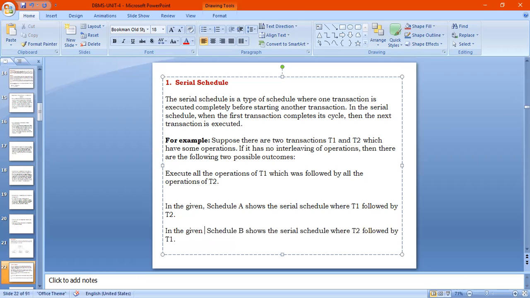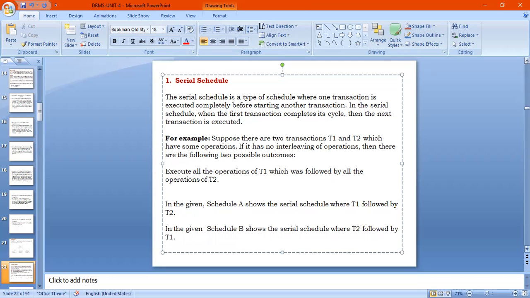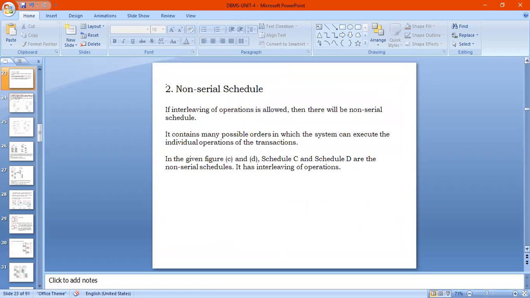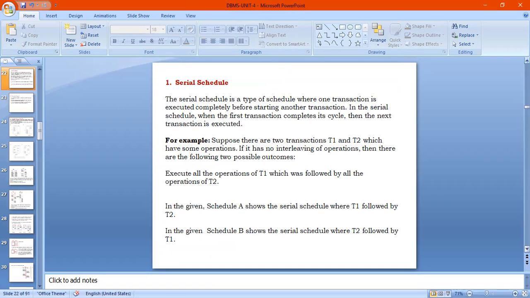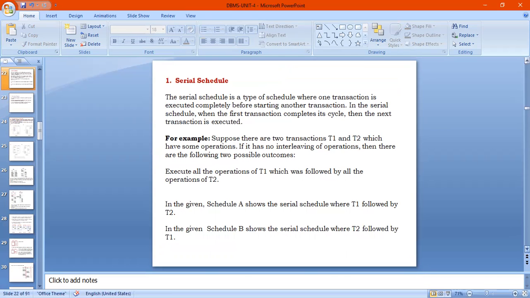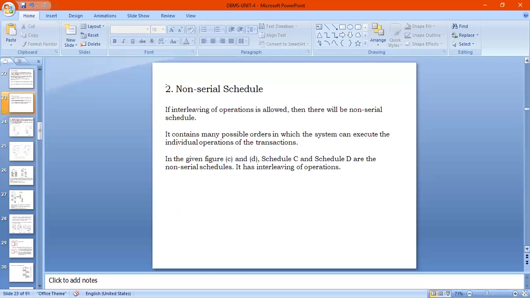Schedule B follows the serial schedule when T2 follows T1. Non-serial schedule: here, T1 is followed by T2 and T2 is followed by T1, so there is something like a circle. That is called serial, so one after the other.